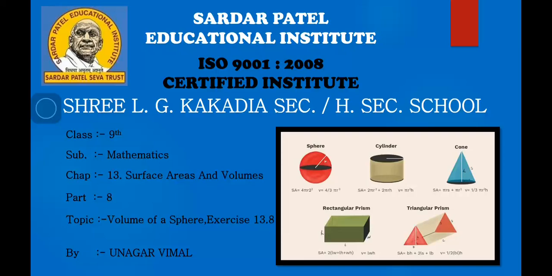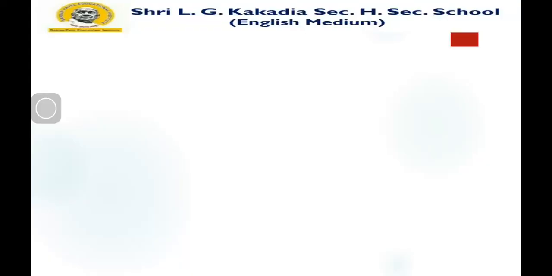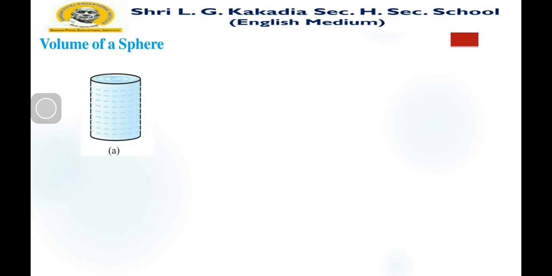Let us understand how we can find the volume of a sphere. For that, let me consider one example. Volume of a sphere. Let us take a cylindrical vessel. Here we take one cylindrical vessel filled with water.